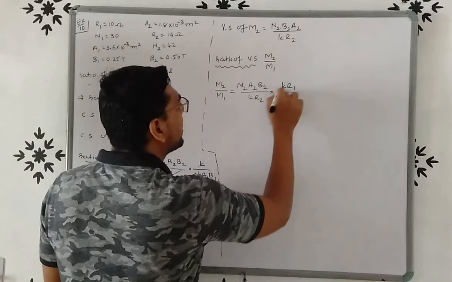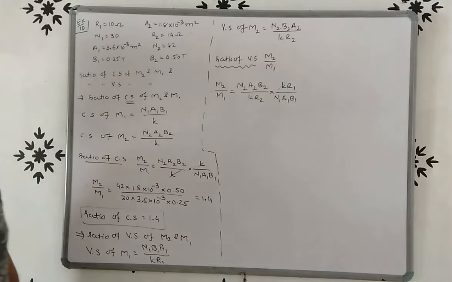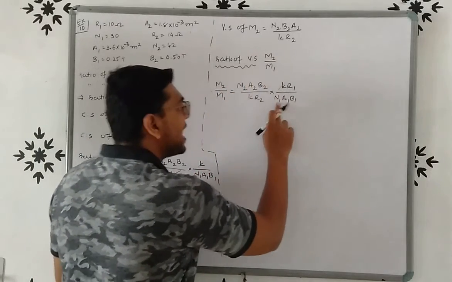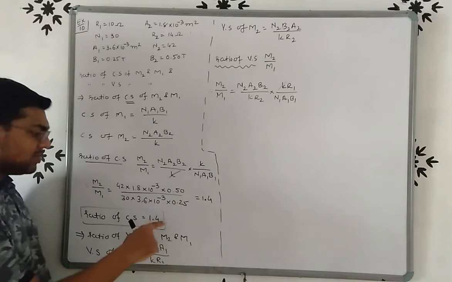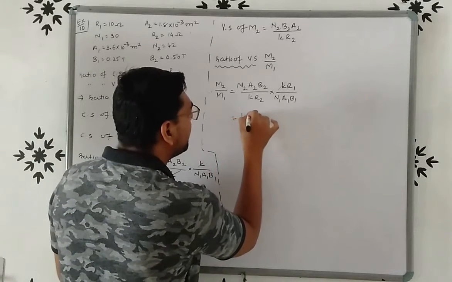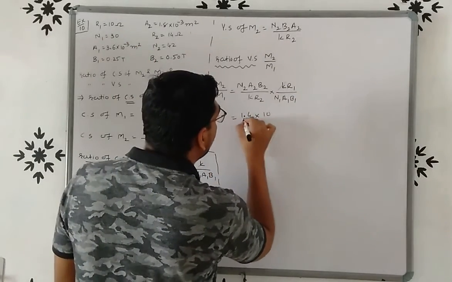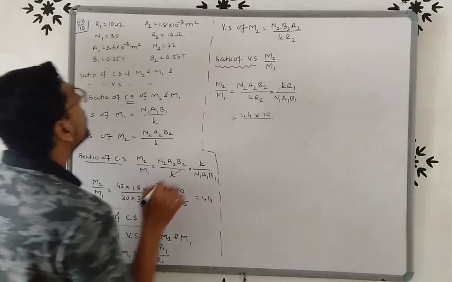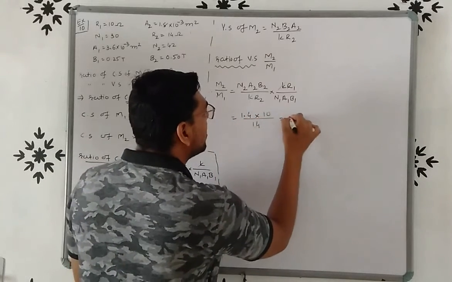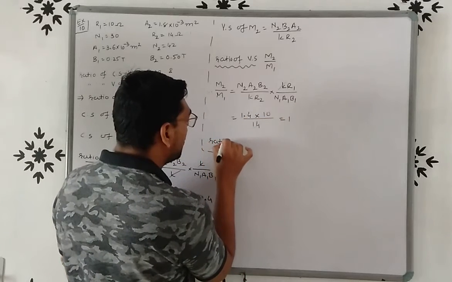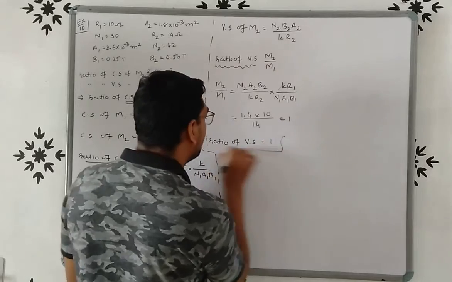Here K cancels because K is constant. We already know N2 A2 B2 upon N1 A1 B1 is 1.4. So 1.4 into R1, 10, divided by R2, 14, gives 1. So the ratio of voltage sensitivity of M2 and M1 is 1.